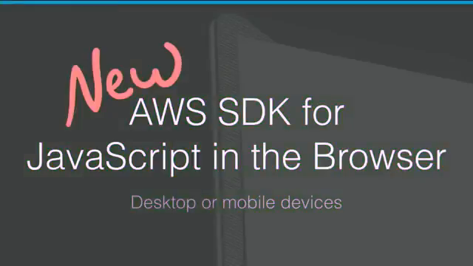That brings us to today. A couple weeks ago, we announced the AWS SDK for JavaScript that now works in your browser or mobile devices. And we're really excited about the potential that this new SDK brings for developing web apps right inside your web browser, deploying right to S3 or whatever static site you host, and being able to talk directly to the AWS services.